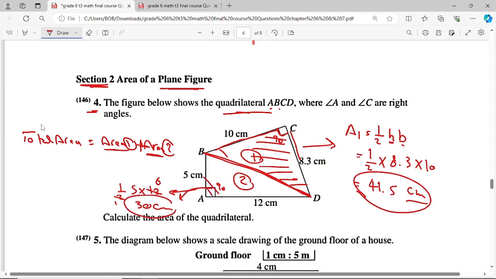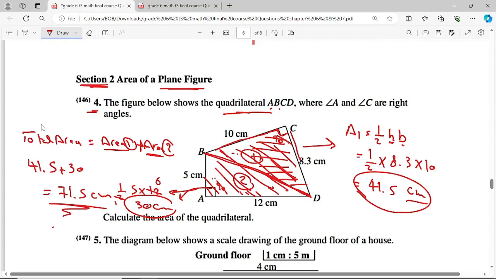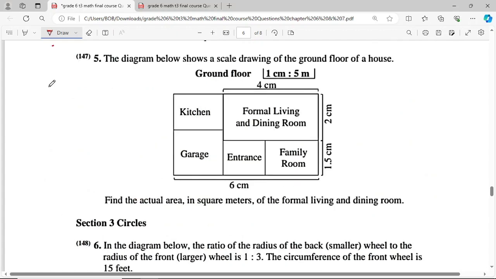So I will get the whole area when I add area 1 plus area 2. That means 41.5 plus 30 will be equal to 71.5 centimeters squared.